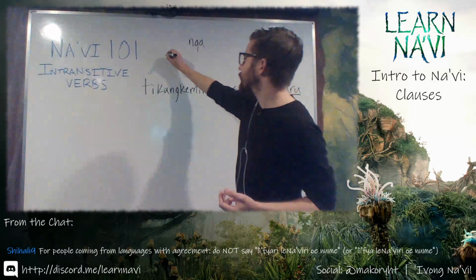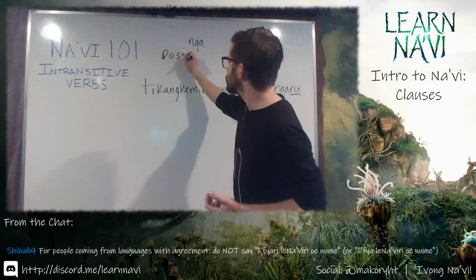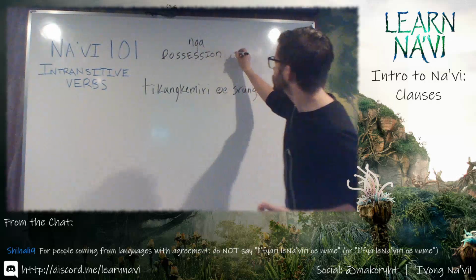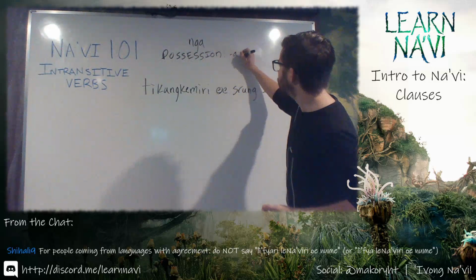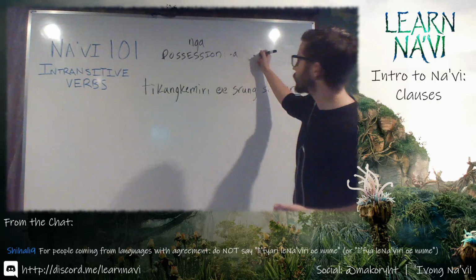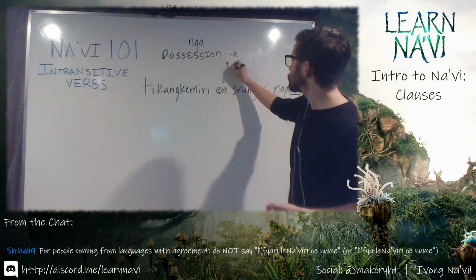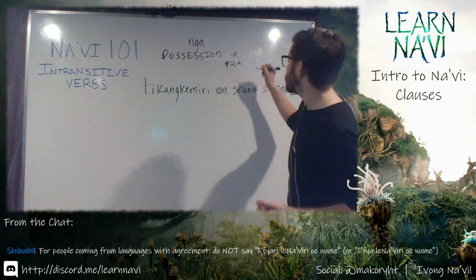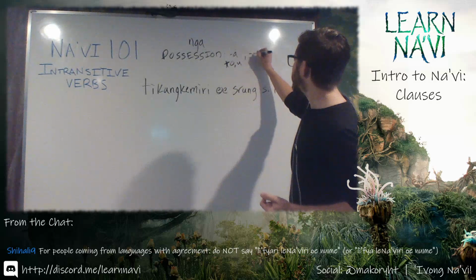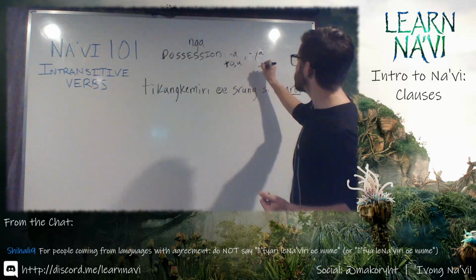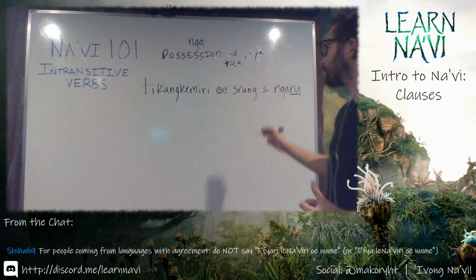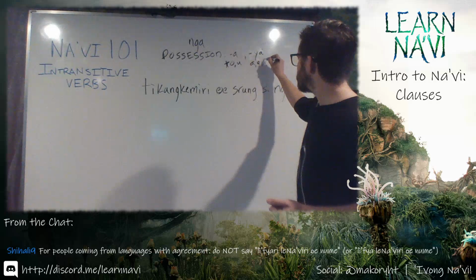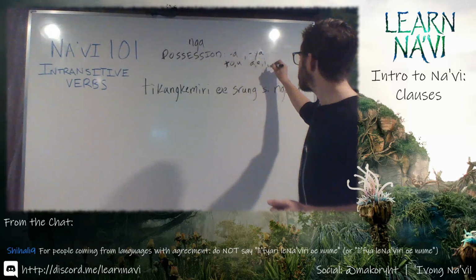Our case endings for possession are a for all consonants plus o and u, okay, and ya for all other vowels, so a, e, a, e, and i.